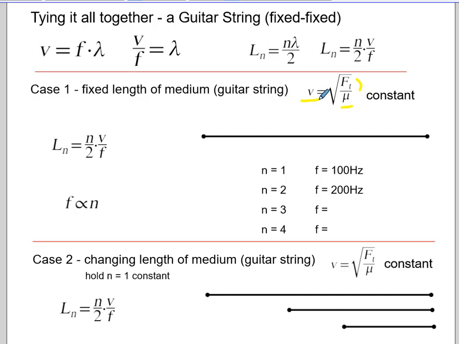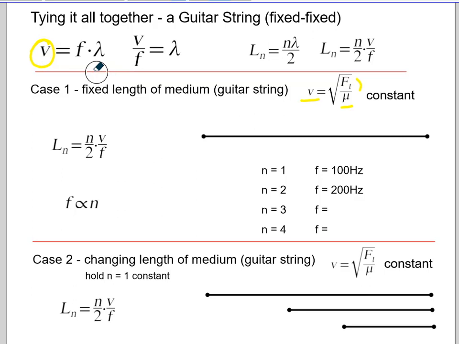So any changes to frequency will change the wavelength, and any change to wavelength will change the frequency. Okay, so when you're looking at the velocity being constant, you can look at your universal wave equation, and that v value there is constant. So to maintain that constant value, if your frequency goes up, your wavelength has to go down, and vice versa.